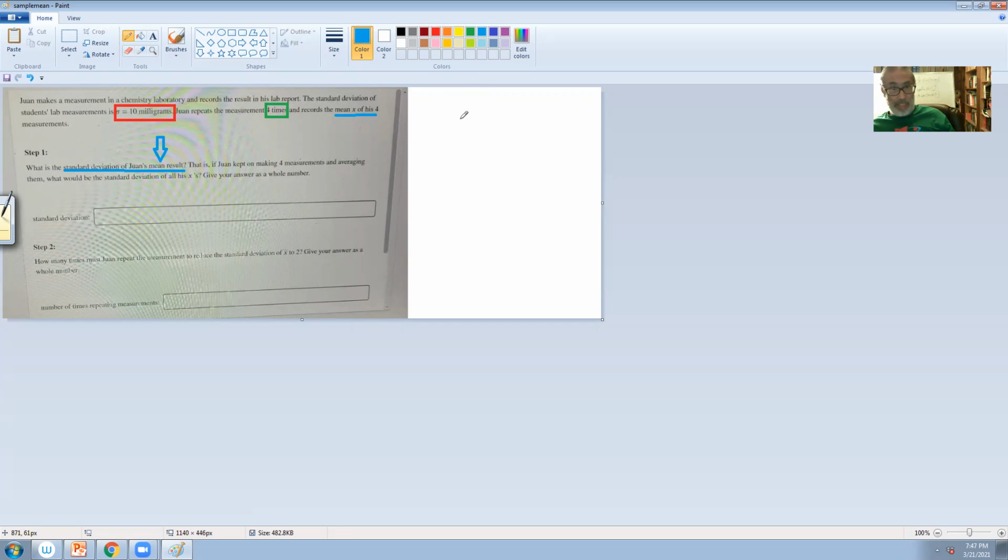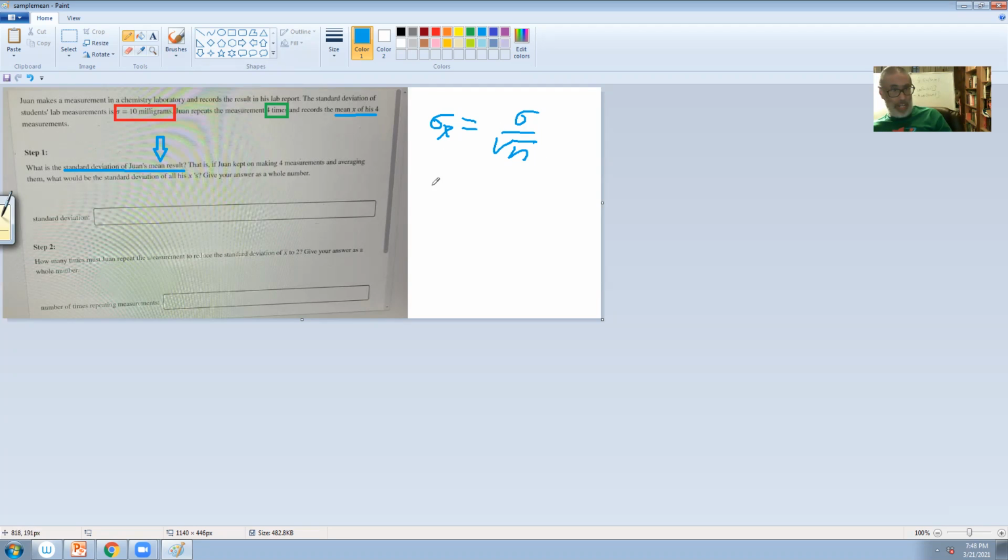The standard deviation of the mean, so I'm going to write X bar indicating it's a mean, will be the standard deviation of the population divided by the square root of n, where n is the number of measurements.